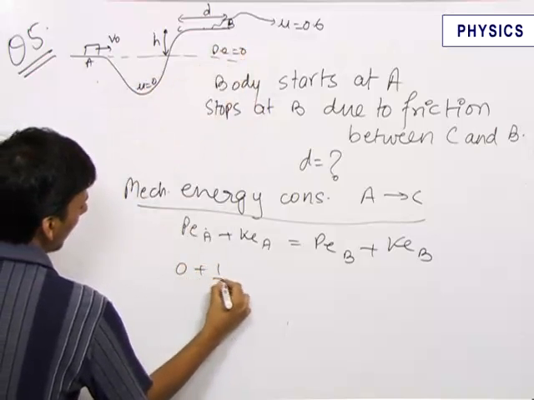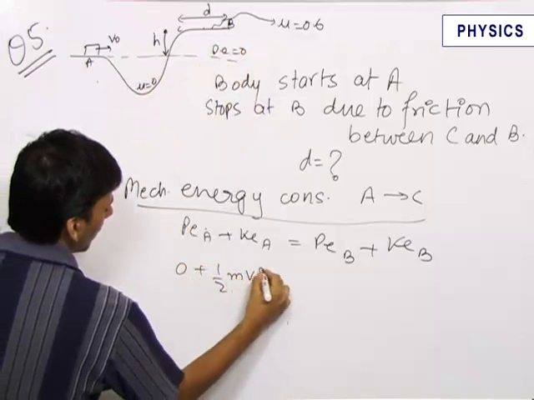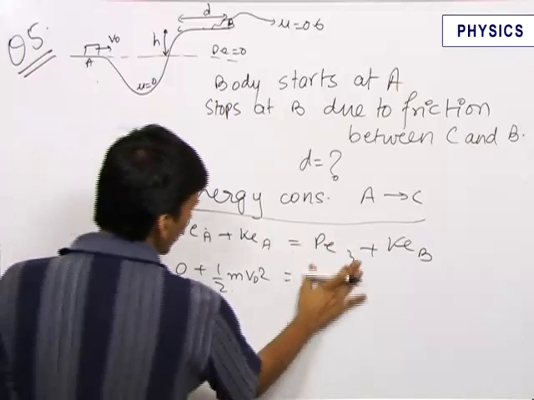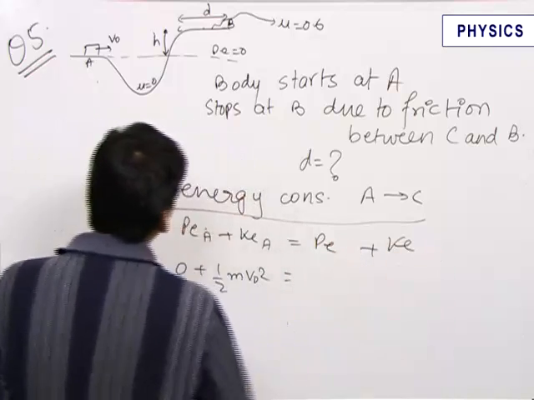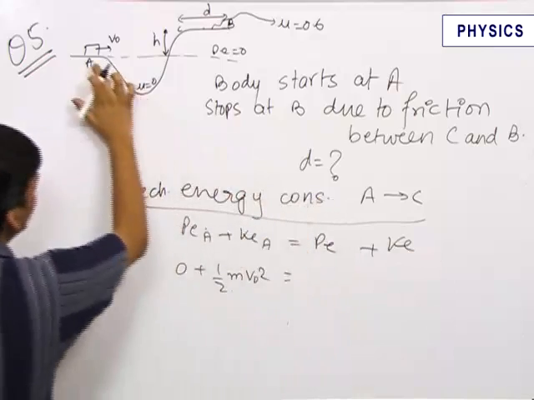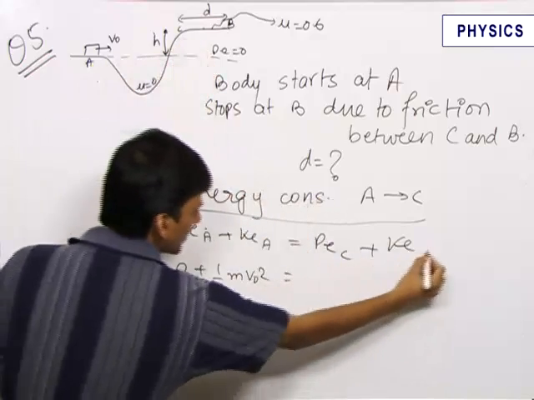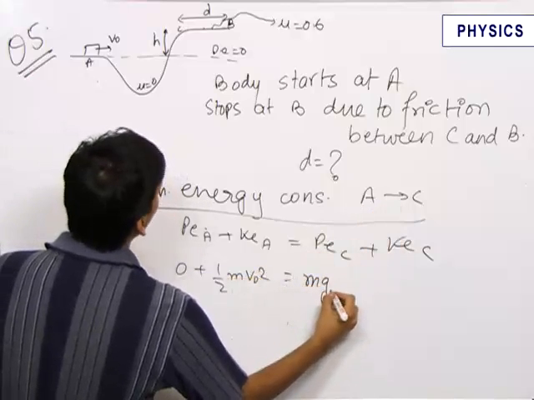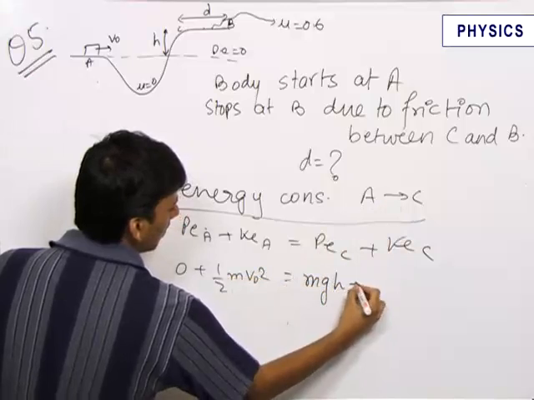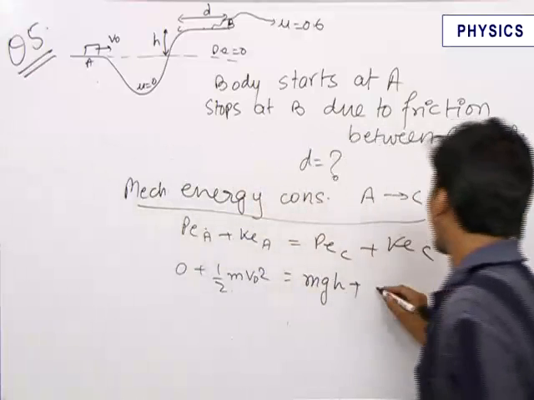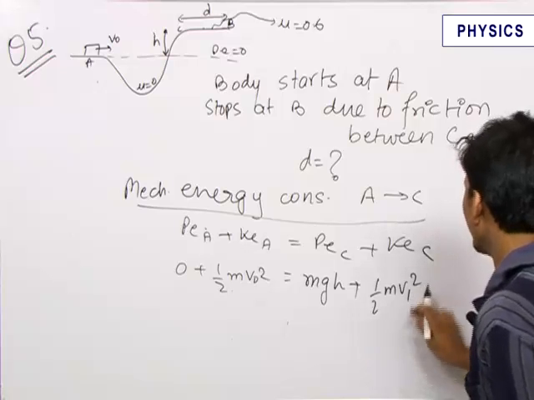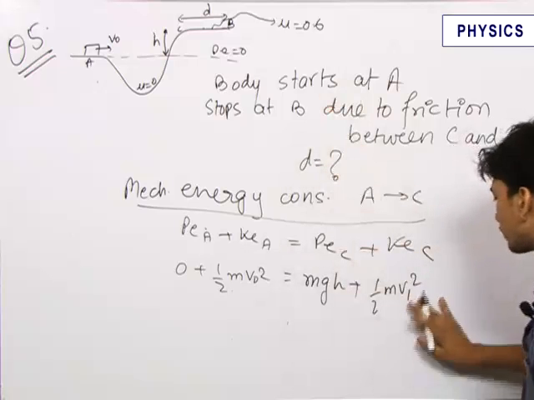Therefore, 0 plus half m v0 square is equal to potential energy at C. I am applying mechanical energy conservation from this point to this point. This is C. This is equal to mgh plus half m v1 square, where the velocity at C is v1.